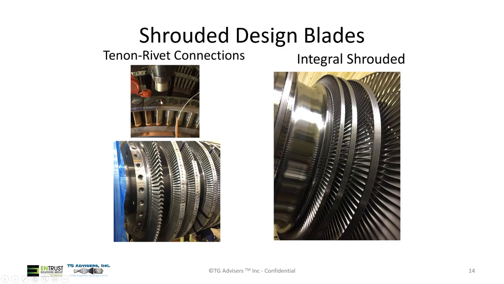Basically a small tenon sticks through here, and then it gets hammered down into a tenon head to secure the shroud in place. The trend in the industry right now is to go towards integral shrouds. Integral shrouds are machined into the blade. They also have some pre-stress on them to maintain contact between blade to blade here. So there are pros and cons to this, which I'll talk about on this next slide.